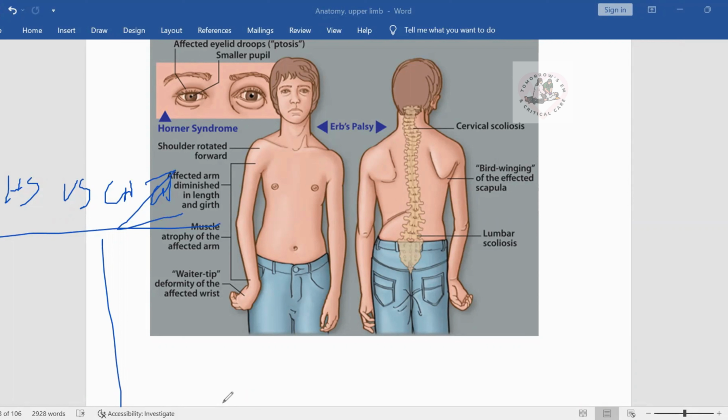It's a weak eye muscle. That's why the ptosis is partial ptosis.